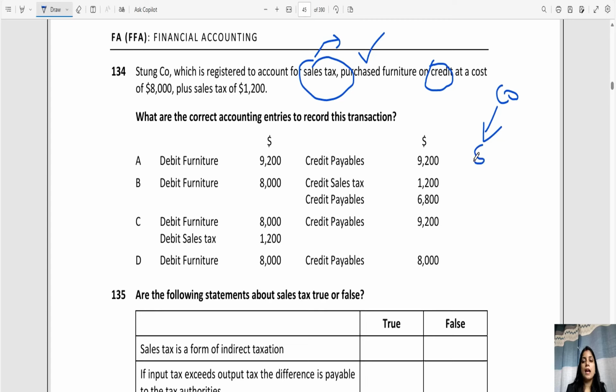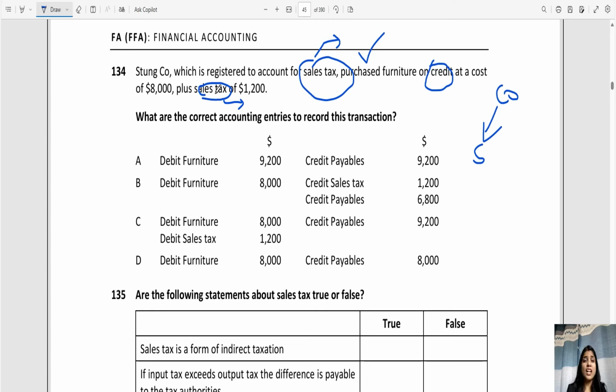The company has purchased the furniture on credit, and while purchasing the furniture they paid the cost of the furniture along with the sales tax. So you need to think: the sales tax in regards to the furniture is the purchase tax, purchase VAT, or you can say input, because it's coming, right? And that's why we will receive this amount from HMRC.